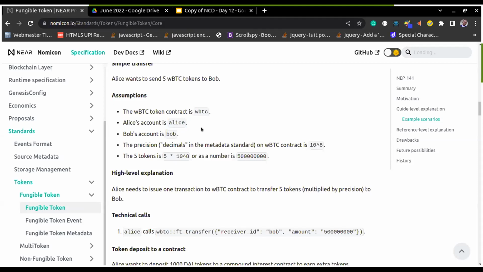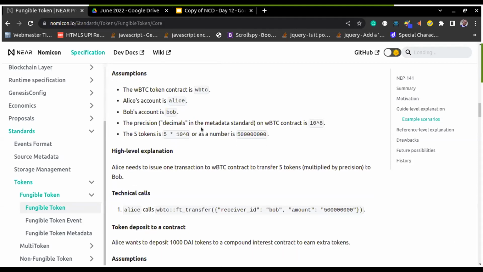Okay. So again, this is just a scenario. The precision, that is the decimal of this particular token, is 10 to the power 8. So that is the maximum precision of the decimal. Since this is the precision, if we are to calculate what 5 tokens would amount to, we take 5 by 10 power 8.